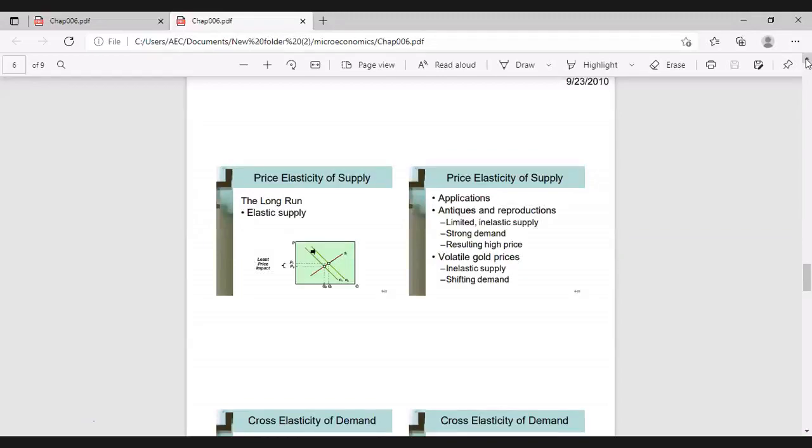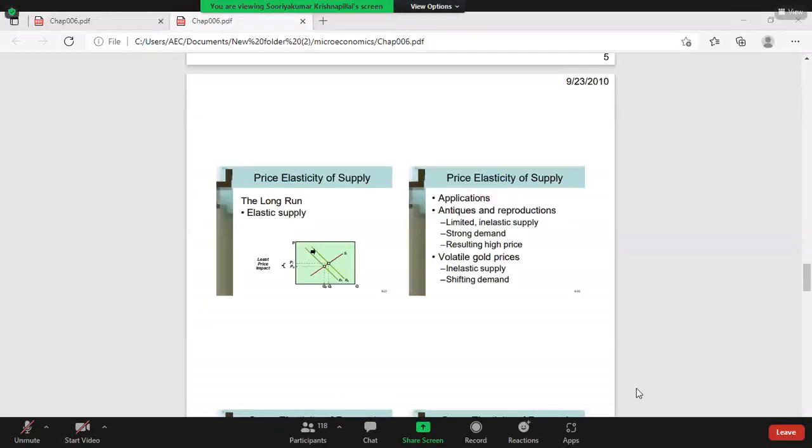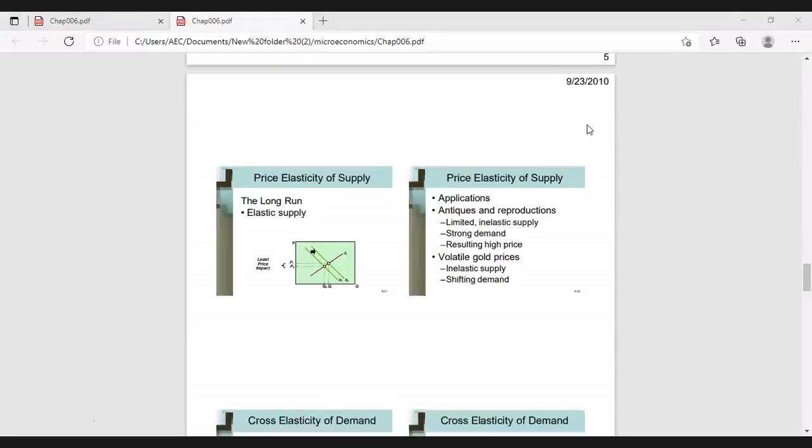That is why in India they ban the CD; the movie CD you cannot buy in the store. If it is reproducible, then the supply is more elastic for that product.